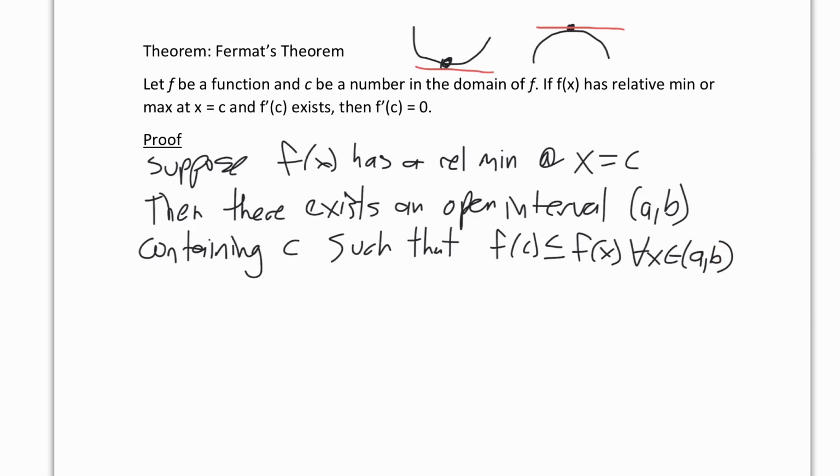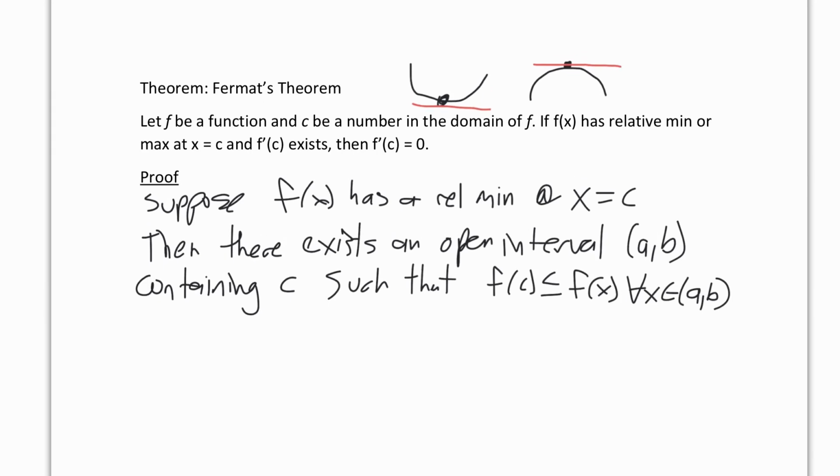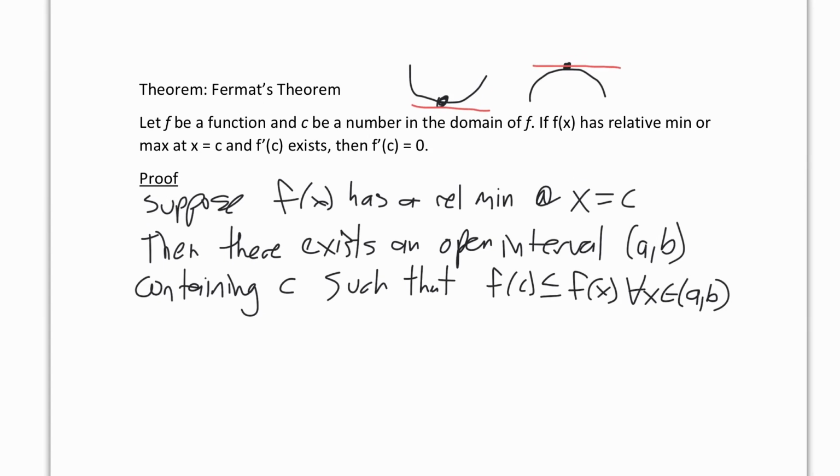Now, we need to somehow begin to talk about the derivative. Looking at this relative minimum example, if we call this point here c, this is our interval (a, b). And any other point in here you could call x. But with x and c and a and b, you begin to have too many letters.